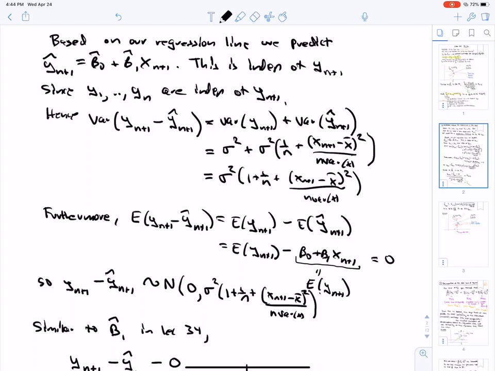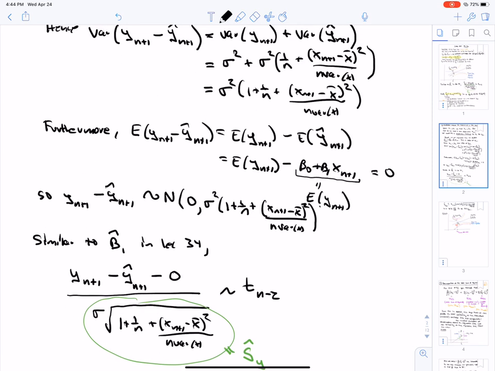Y hat n plus 1 is an unbiased predictor for the point on the Tyche line, which is beta 0 plus beta 1 xn plus 1, and that's just the expectation of yn plus 1. Technically, given x is xn plus 1, but I'm not going to write that. So this is just 0.